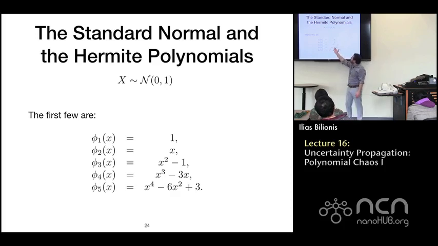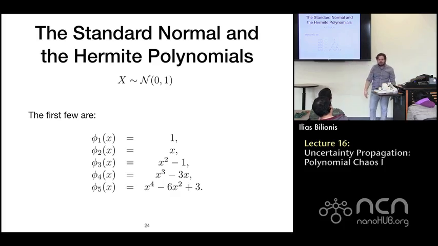The fourth one looks like this. Again, it's not just x cubed, it needs something to become orthogonal to everything before it, and so on and so forth. These have a specific name, the Hermite polynomials, and you can actually get them with the Gram-Schmidt procedure, but don't do it.